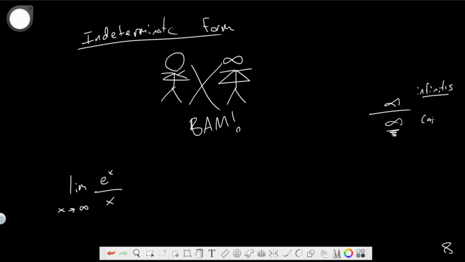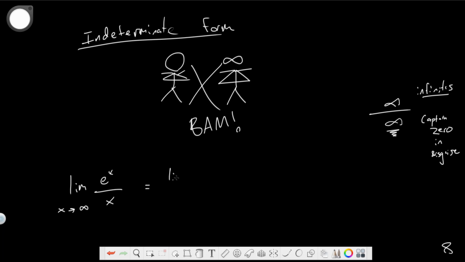This is Captain 0 in disguise. Bam, a fight between superheroes. We need to apply L'Hopital's Rule to determine who wins, because while they are both superheroes, not all superheroes are created equal.